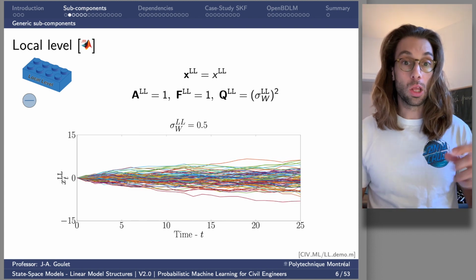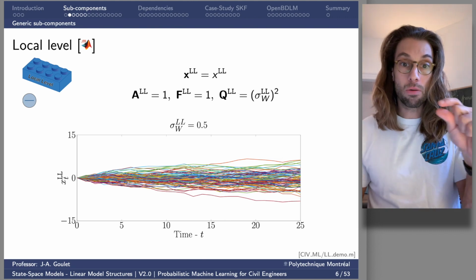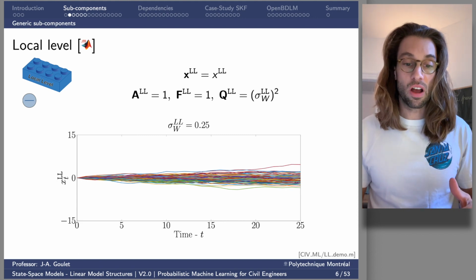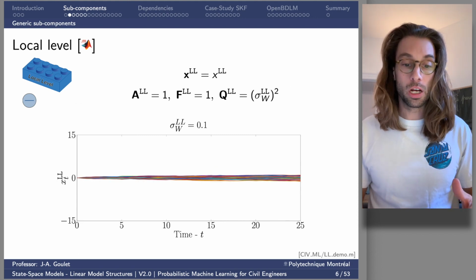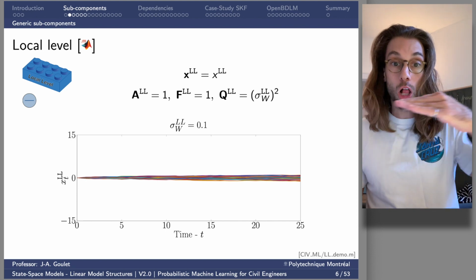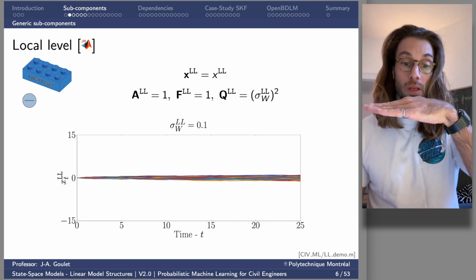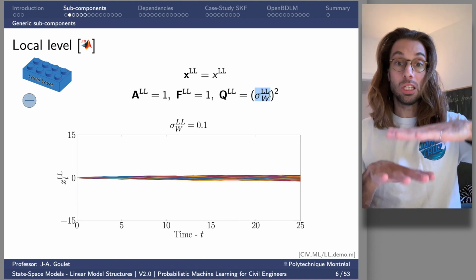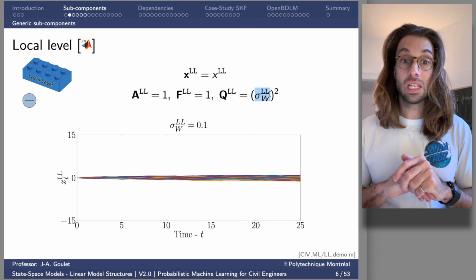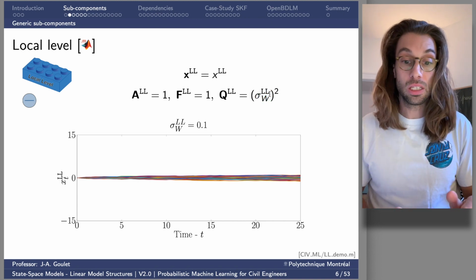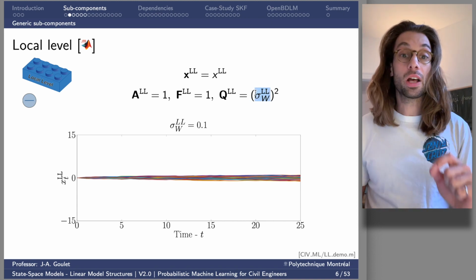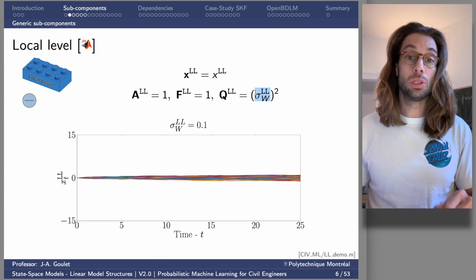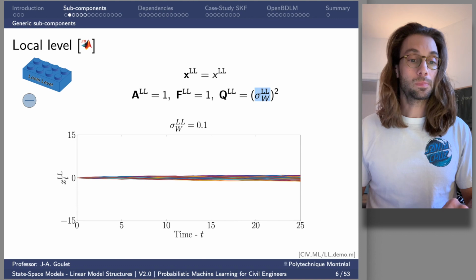If I make it lower, it's going to be a narrower band describing all my possible processes. So if I use 0.5, 0.25, it gets shorter, 0.1, and if I use 0, they will all be perfectly constant. Here that parameter controls how much variability I expect to observe over time. That's why we say locally constant: if this is non-zero, it's not going to be perfectly constant. We accept that our model might not be an exact representation of reality.